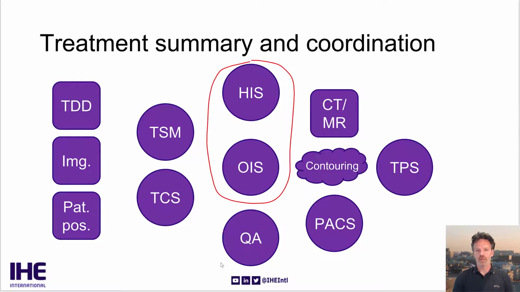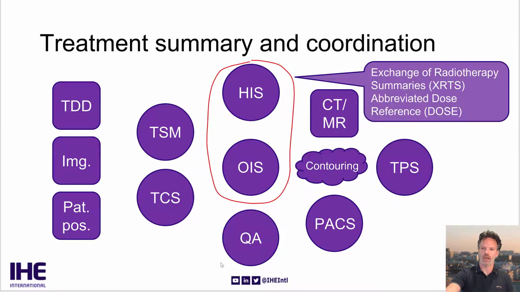And then the whole treatment has been done using the previously mentioned profiles, and we're at the treatment summary and coordination phase. This circles here the hospital information system and the OIS, and the profiles are exchange of radiotherapy summaries.